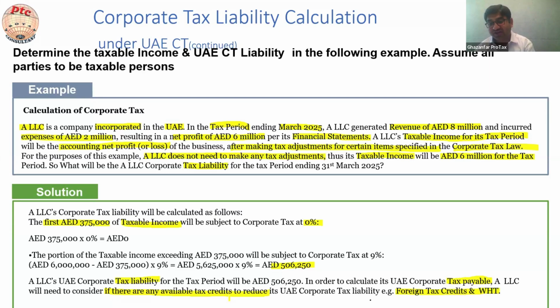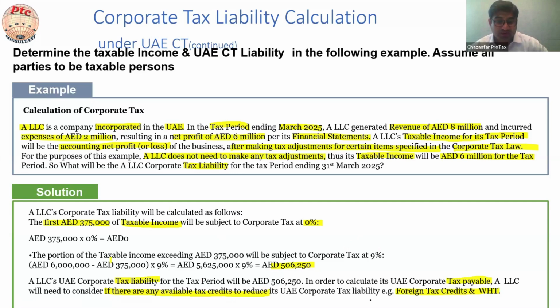Because the local income and the foreign income are both already taxed, they will say, okay, if you already paid 10% in the foreign country, here the corporate tax is 9%. We will add all the income, including the foreign operation, in this computation and calculate the corporate tax liability.